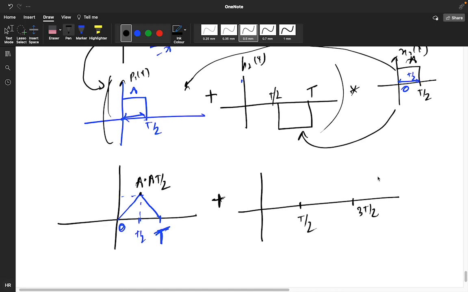T plus t by 2, 3t by 2. T plus 0, t will come. And this t by 2 plus this t by 2 will give you t only. And this is minus a and this is a, so you will get like this.